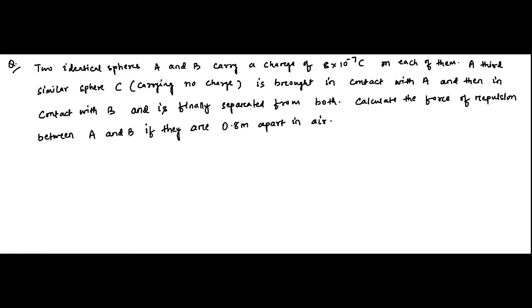A third similar sphere which carries no charge, sphere C, is first brought in contact with A and then in contact with B, and is finally separated from both of them. Now A and B are separated by 0.8 meters in air. We have to find the force of repulsion between A and B.